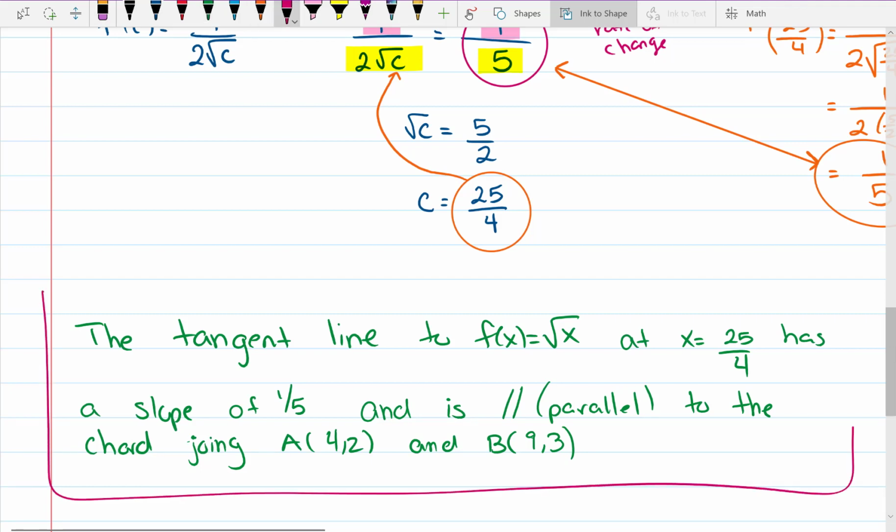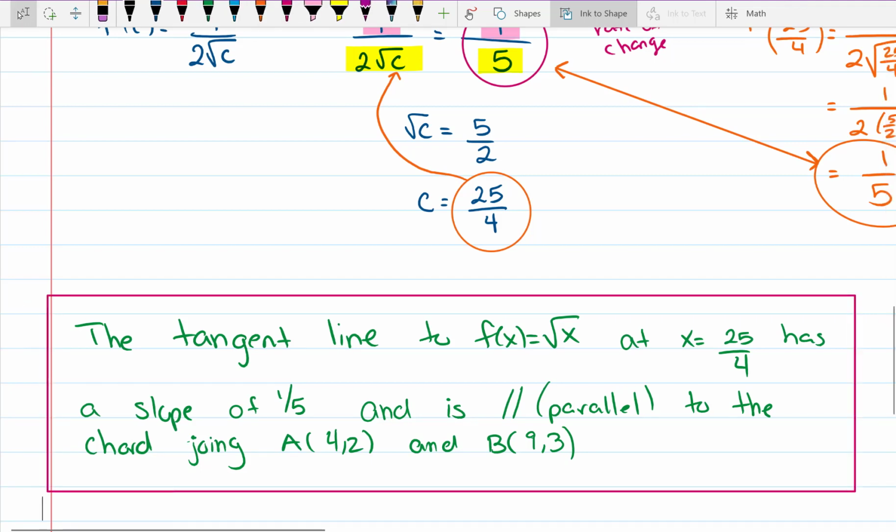And there you go. That's how you show that the mean value theorem holds.